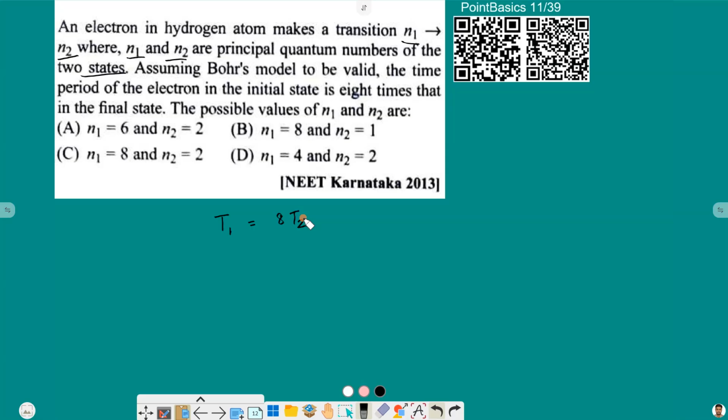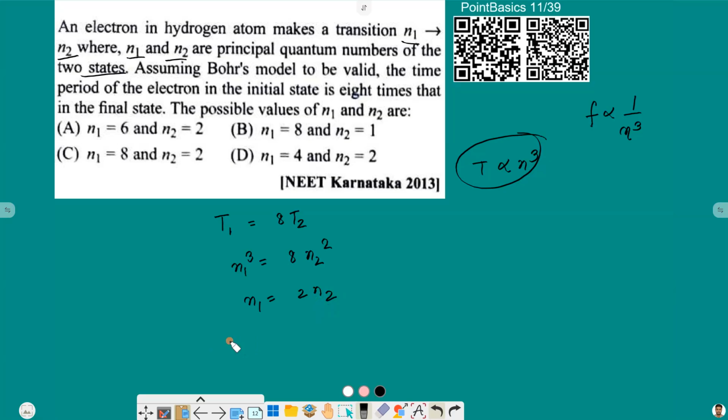And we also know the relation that time period is proportional to n cubed. How do we know that? We know that the frequency of electron revolution is proportional to 1 by n cubed, so time period, being the inverse of frequency, will be proportional to n cubed. So from this we can write that N1 cubed should be equal to 8 times N2 cubed, and from this N1 is equal to 2 times N2.